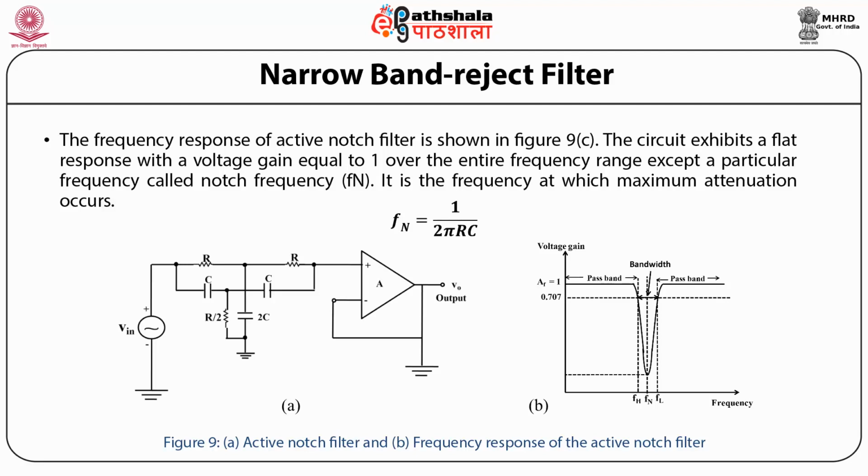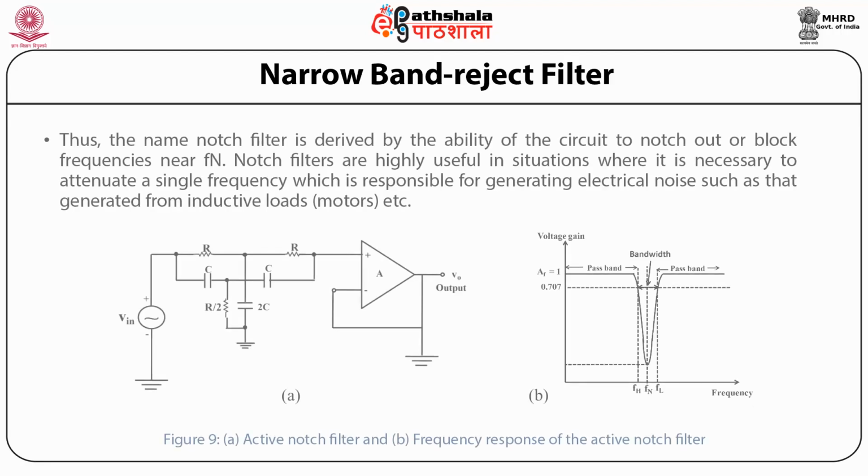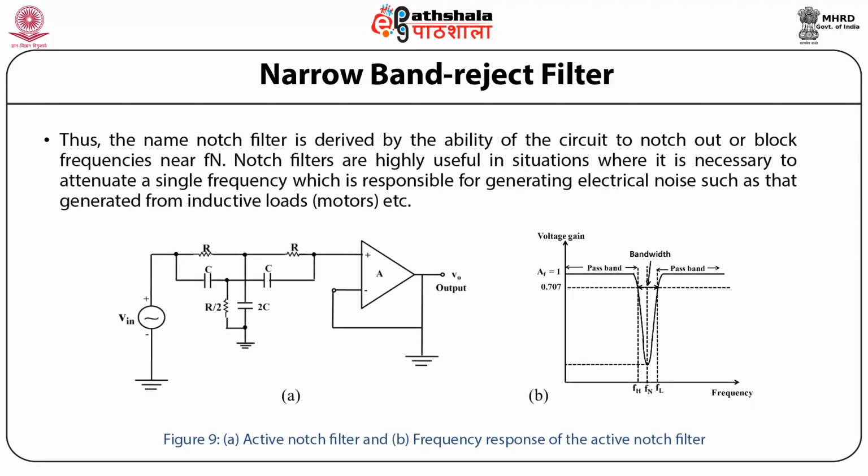It is the frequency at which maximum attenuation occurs, where Fn is equal to 1 divided by 2 pi RC. Thus, the name notch filter is derived from the ability of the circuit to notch out or block frequencies near Fn.